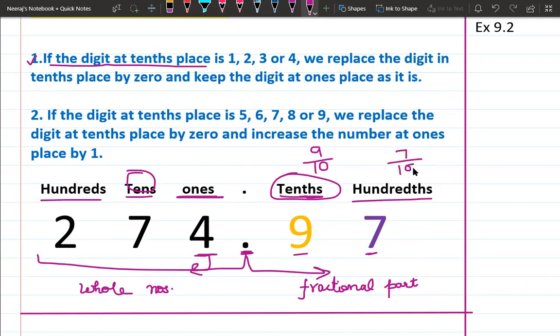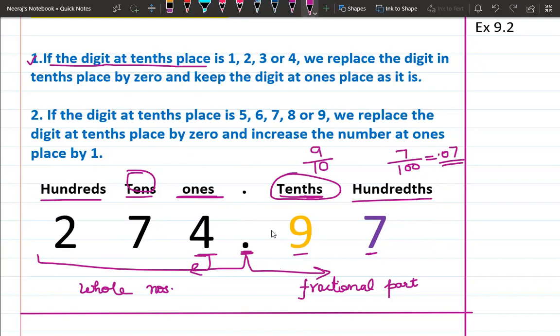In decimal form its value is 0.07. After hundredths you will get the thousandths place, 1 by 1000.